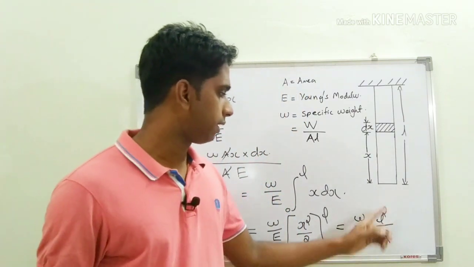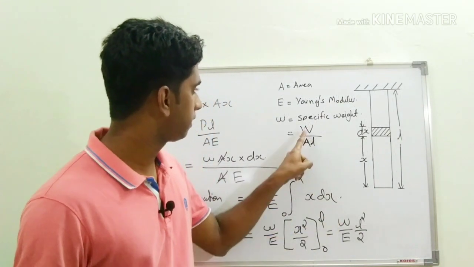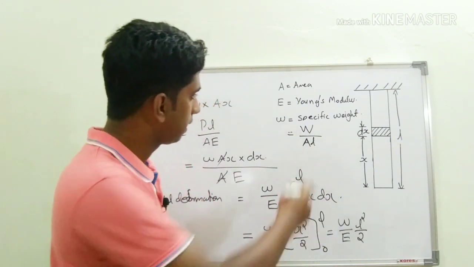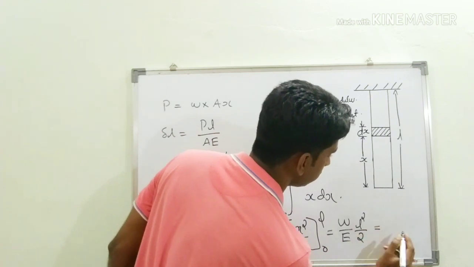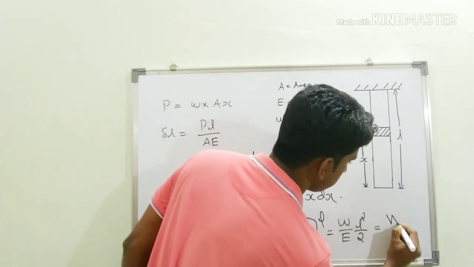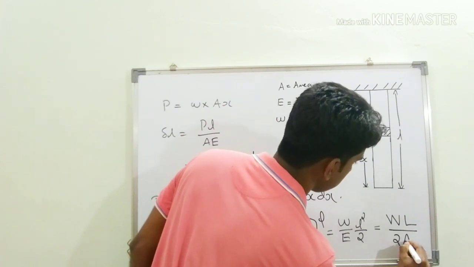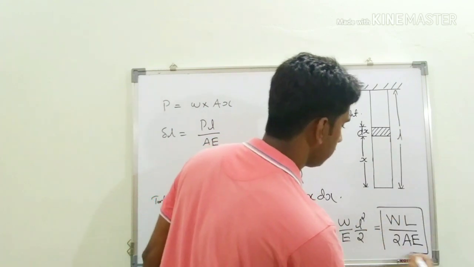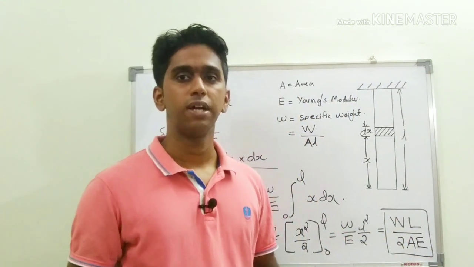If we substitute the value of small w, that is capital W by AL, here L gets cancelled. So the final answer is capital W L by 2 AE. This is the final equation for deformation of a body due to its own weight.